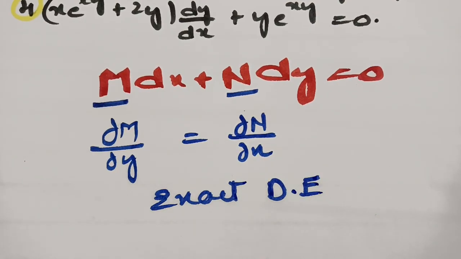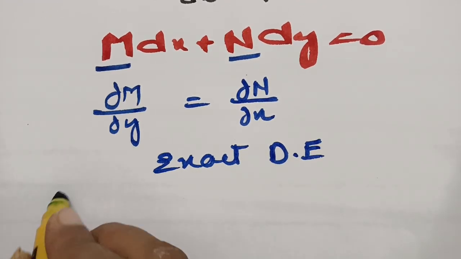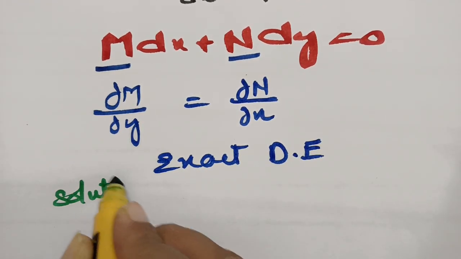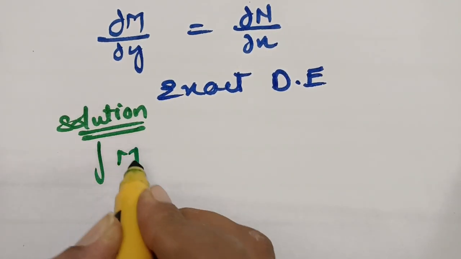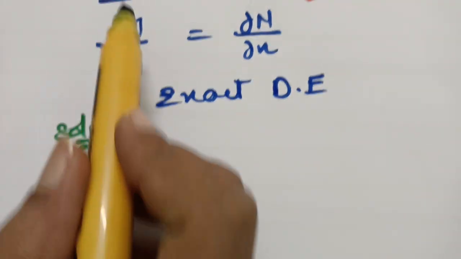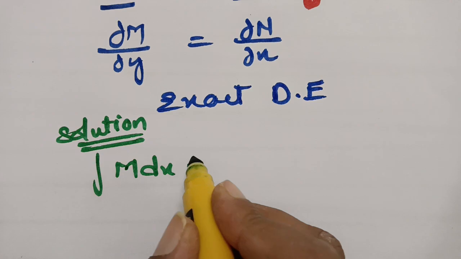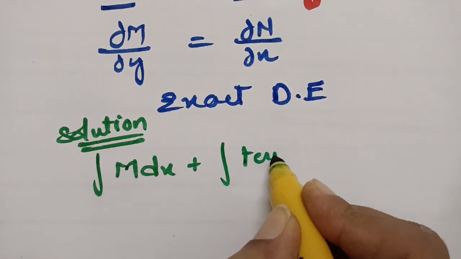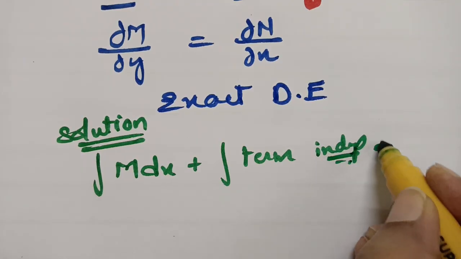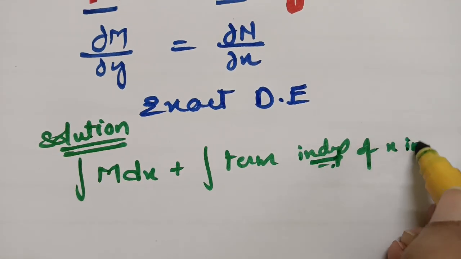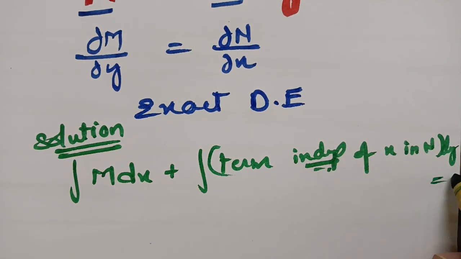Then what about the solution for this? The solution has a formula. To find the solution of the differential equation, it will be the integral of M dx, so we have to pick M from here, plus the terms independent of x in N, into dy, is equal to 0.